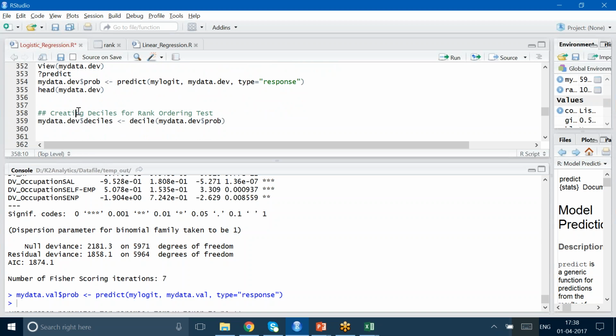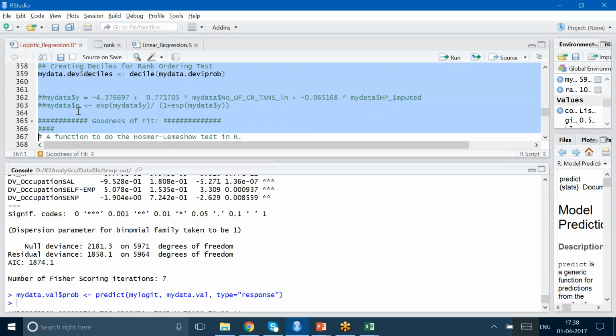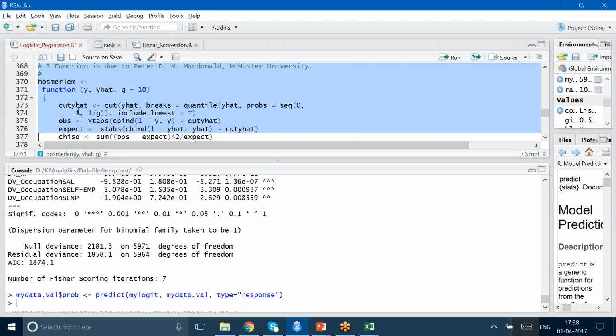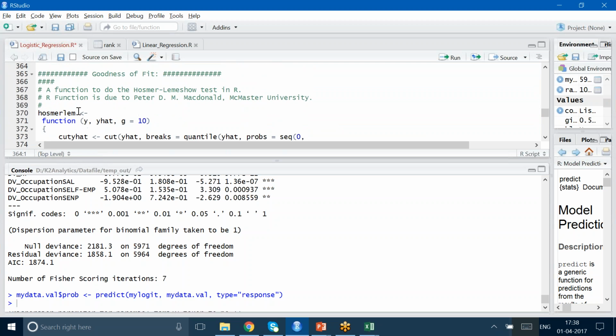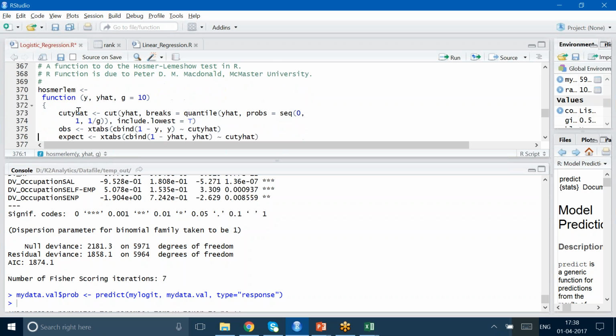Okay, this is the deciling code. So now I have to run this deciling code on the validation sample, and again you have to check the HL test on the validation sample also.